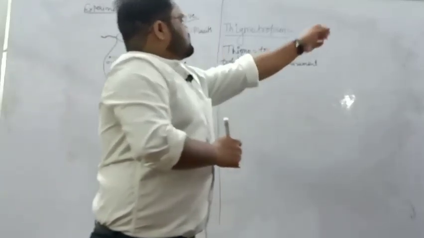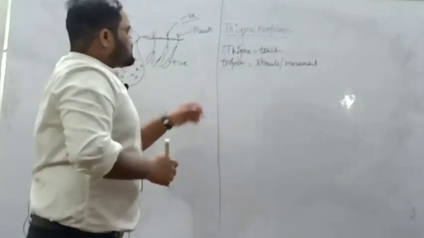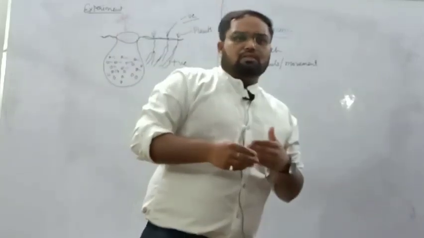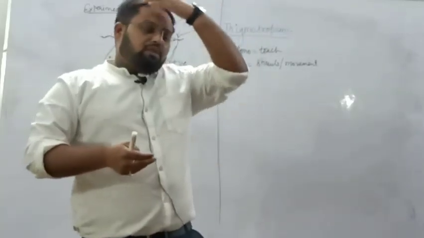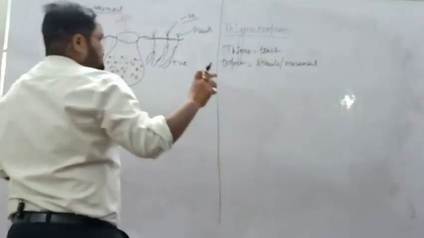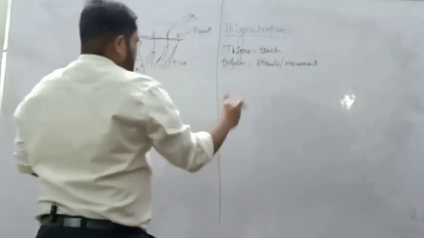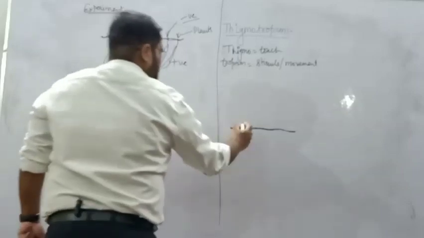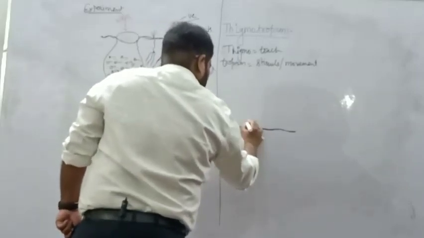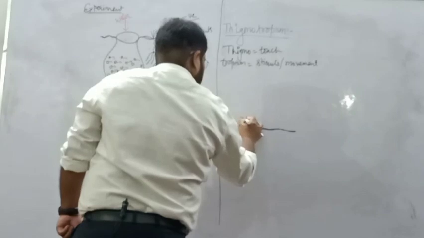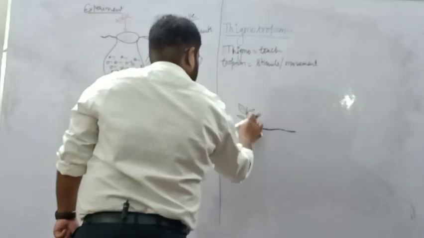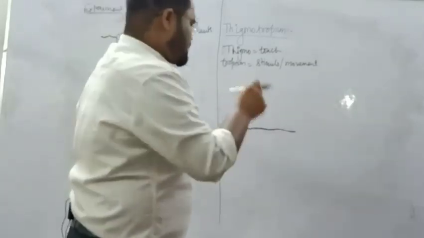So first thing, just listen very carefully. When we see a climbing plant, like a money plant or any climber that you know, suppose that this one is soil. If we keep a climber plant here, the stem of the climber plant is very weak, so it cannot stand straight.